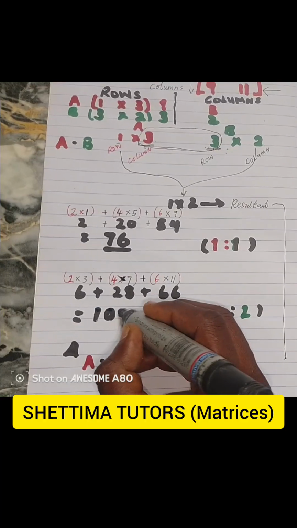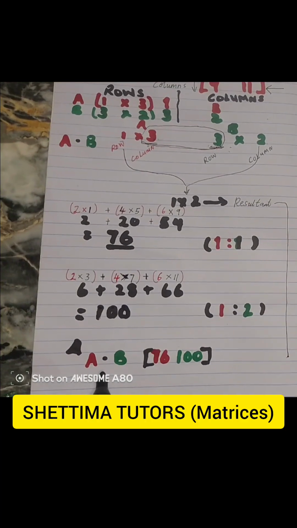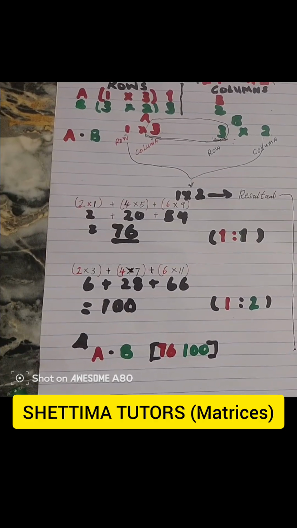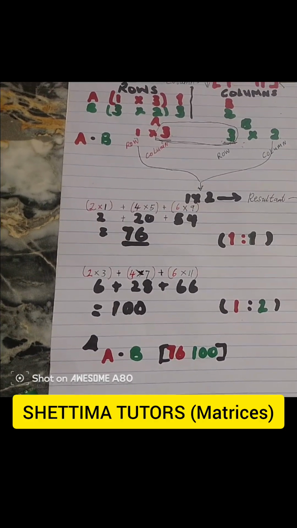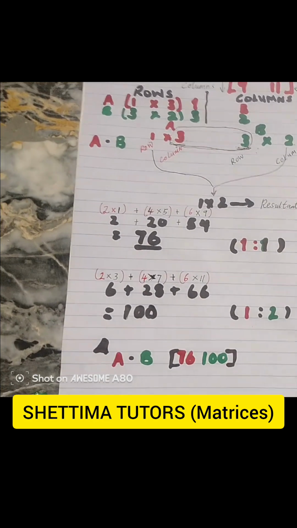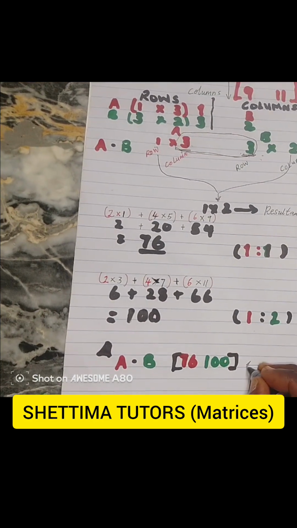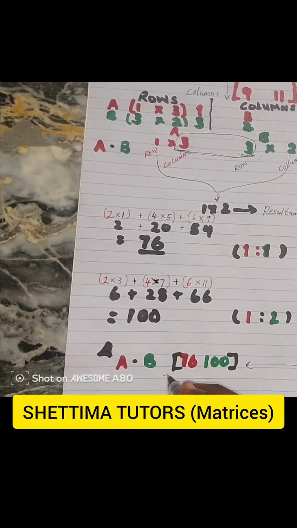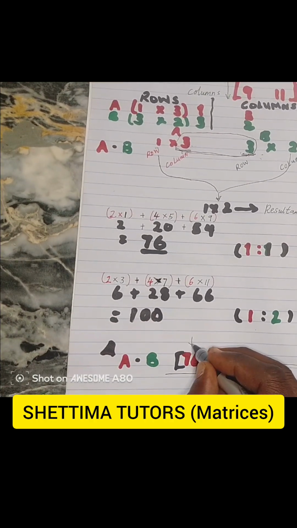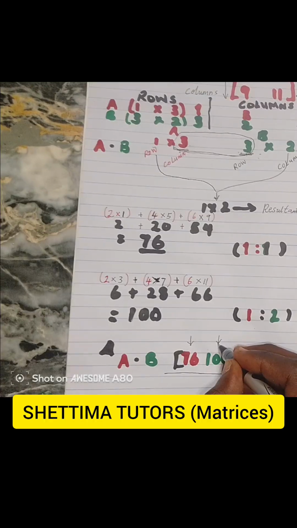So A times B, the resultant matrix, is 76 and 100. As we said, the resultant matrix is a 1 by 2, with 1 row and 2 columns. That means our answer is correct.